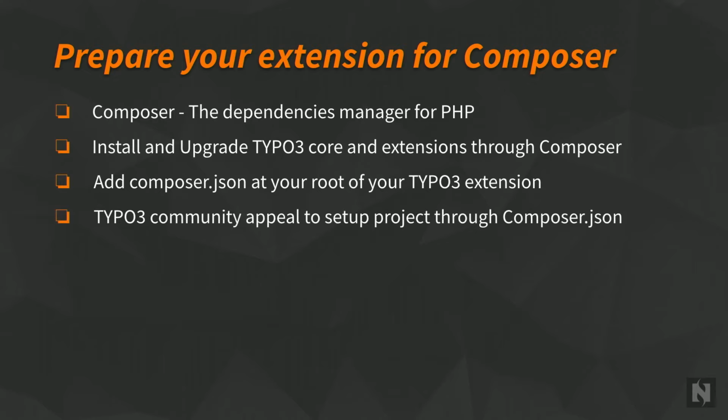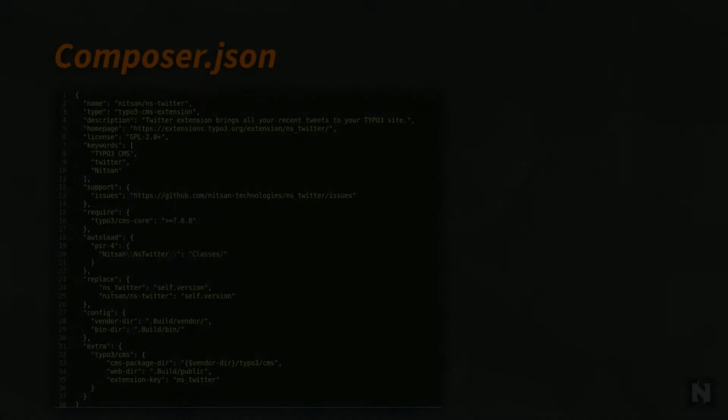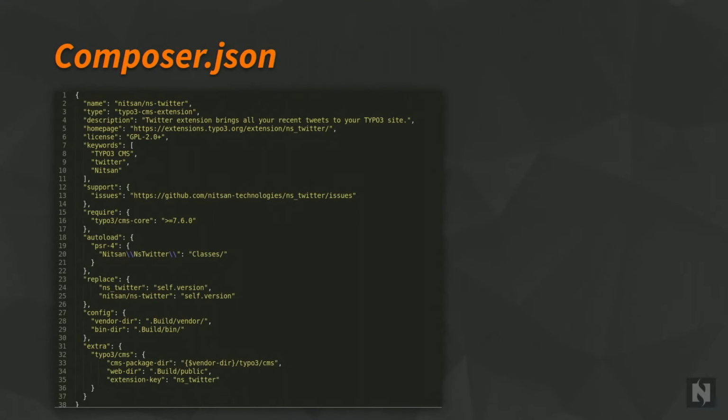And the TYPO3 community appeals. I know people said, okay, let's use composer.json for all the projects, for all the extensions. So that's a nice practice. This is the revolutionary line, composer require. And this is a sample format of how TYPO3 has to be set up in configuration, like there is a require typo3/cms-core, autoload, and all the stuff, right?